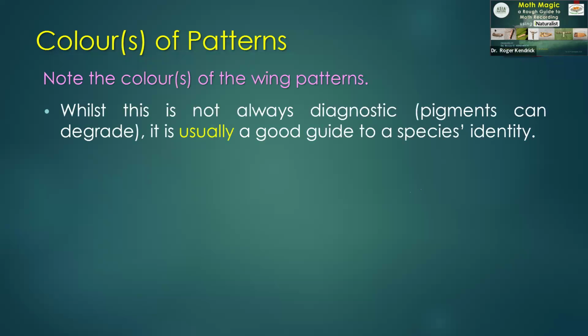Well, color is important, but remember, colors are mostly pigments, and pigments can fade under ultraviolet light, especially when the moth is resting up by day, for example. So colors are not necessarily a brilliant guide. Remember also that lighting, depending on your light source, the colors can vary. So it's helpful, but it's not necessarily diagnostic.